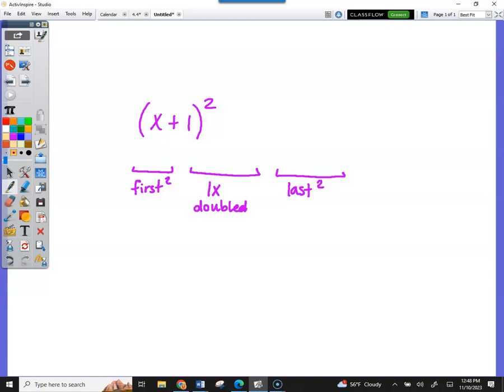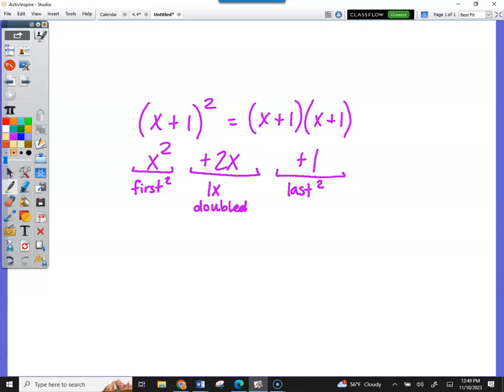I don't know if I want you to try to memorize that pattern or to just work it out like this. It's up to you, and then do first, outer, inner, last. But you should see first, when you do outer and inner, that's where the double comes in. And last. So that's a shortcut.